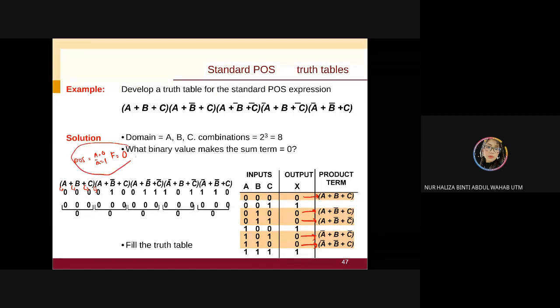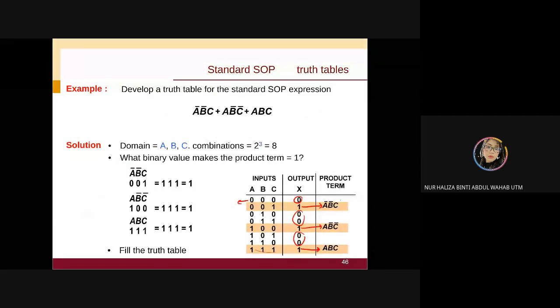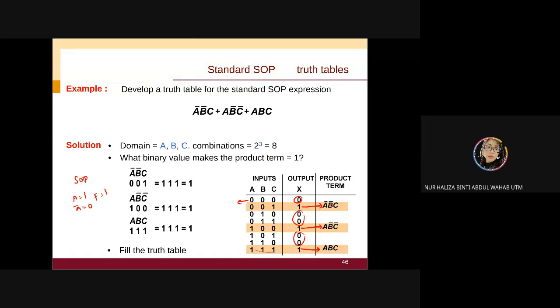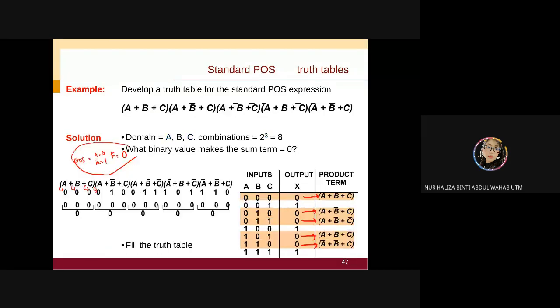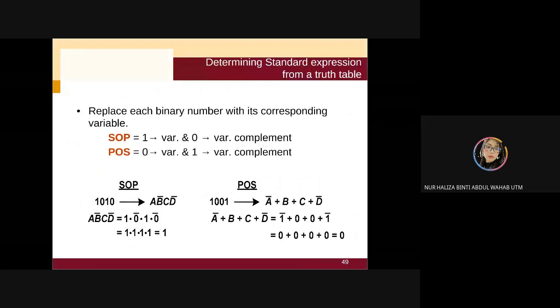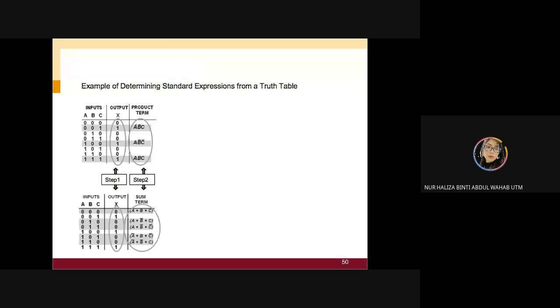This is POS, and for your SOP, A equal to 1, A bar equal to 0, your output will be 1. That's why you look into 1 only. So this is the correlation between your truth table and also your Boolean expression.